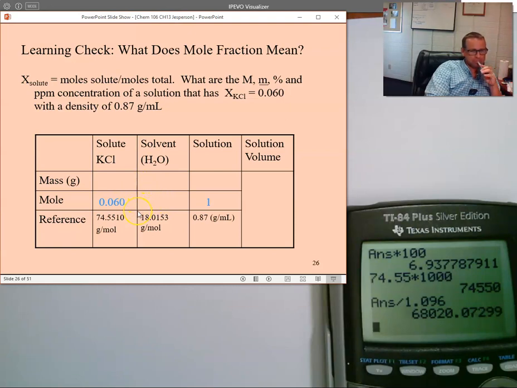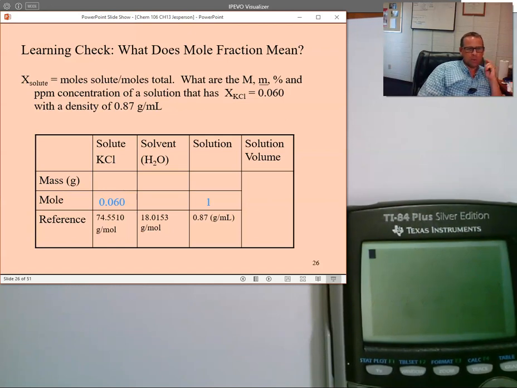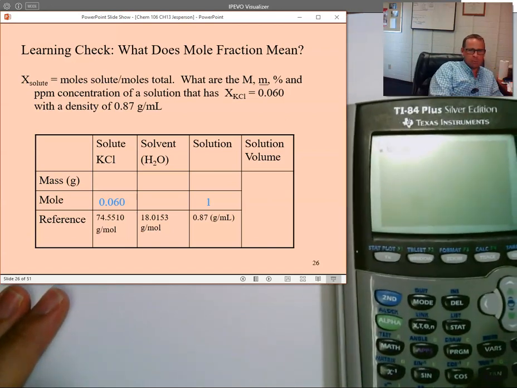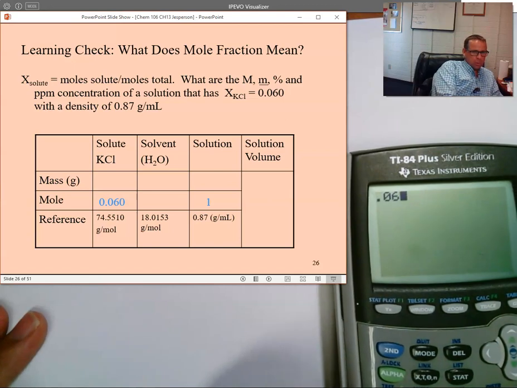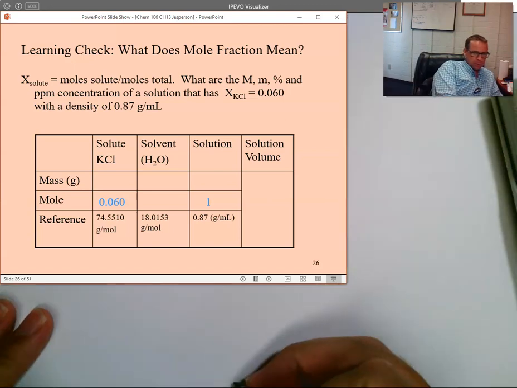Yeah, so we can figure out the mass of the KCl. Okay, what would we do here? What values would we multiply? You'd either take the 0.06 divided by 74 or do the 74 divided by the 0.06. That's a really great question. Let's figure that out. What are we after?